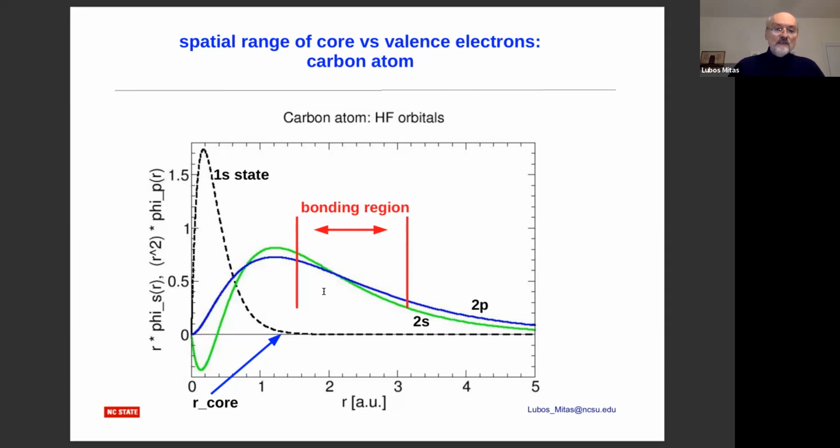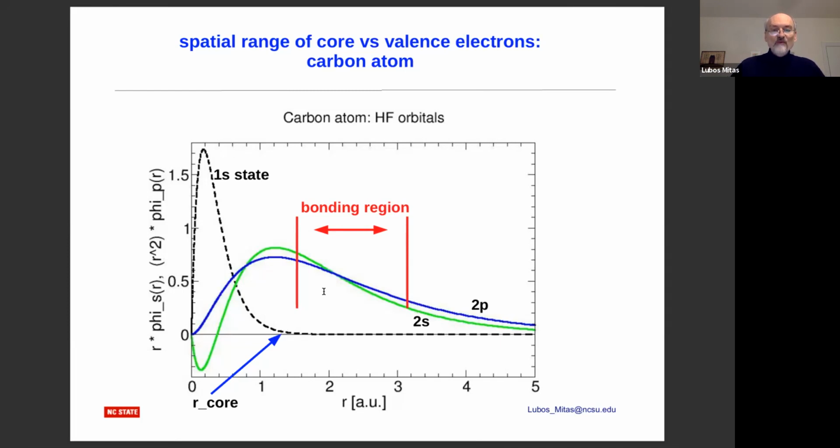And here you see, so that's r times psi. Okay, so that's the amplitude. If you square it, it's the probability density on that one particle state. And so you see here the following. There are essentially three regions.